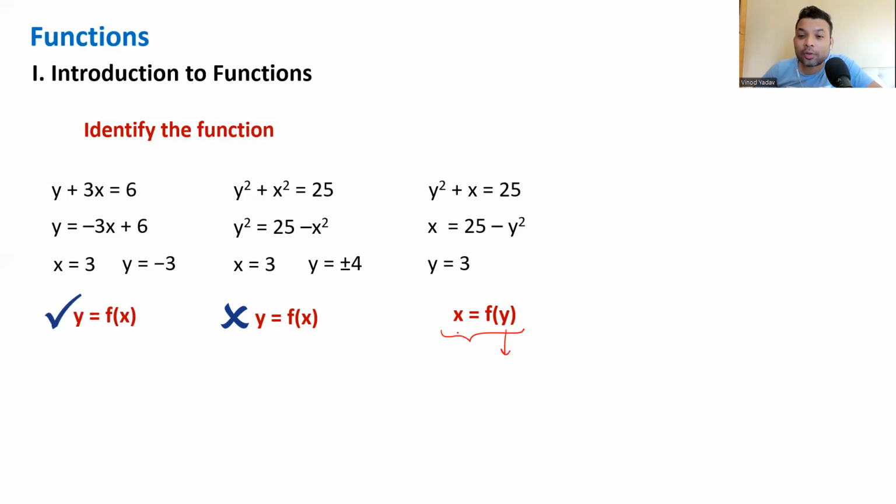So y is input, x is output. Y is independent, x is dependent. If you choose y as 3, so x will be 25 minus 9. So x is 16. So output is unique. Na? So now it's a function under the context of x is equal to f of y. Yeah, just understand this much. Don't think too much. Be comfortable. Okay. All right.